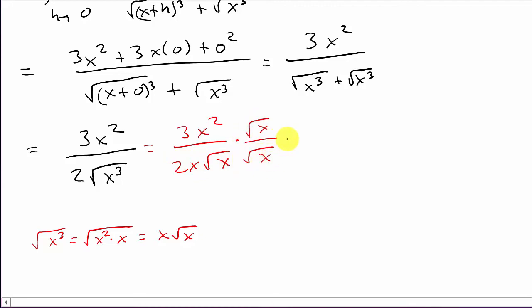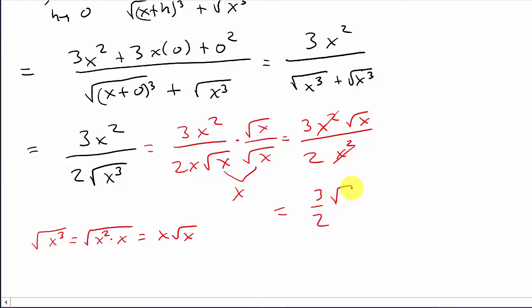That gives 3x squared square root of x over 2, and then square root of x times square root of x is x, and x times x is x squared. The x squareds cancel, and we're left with 3/2 times the square root of x, which is 3/2 x to the 1/2.